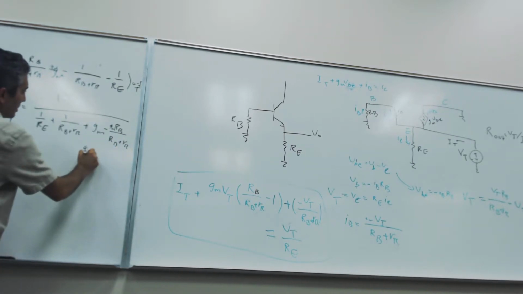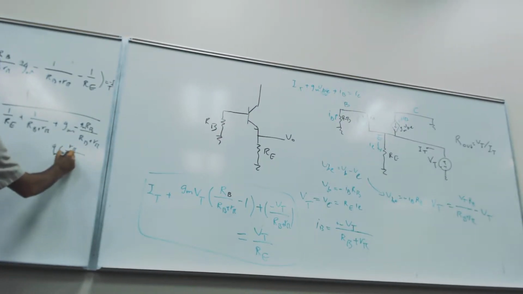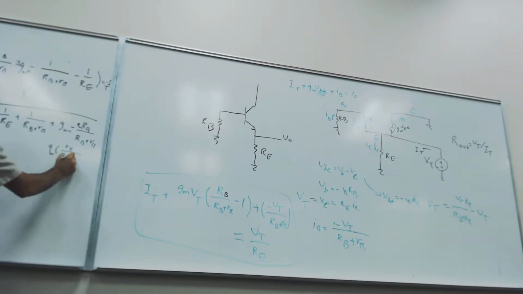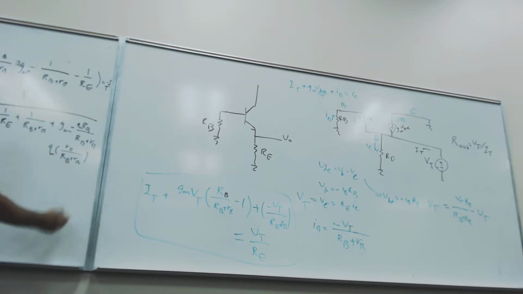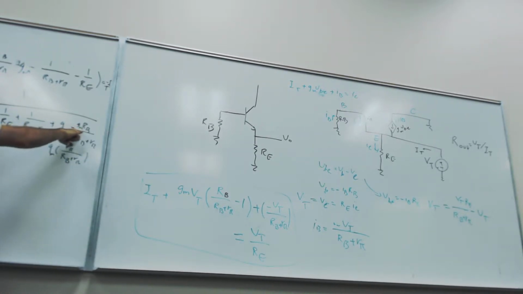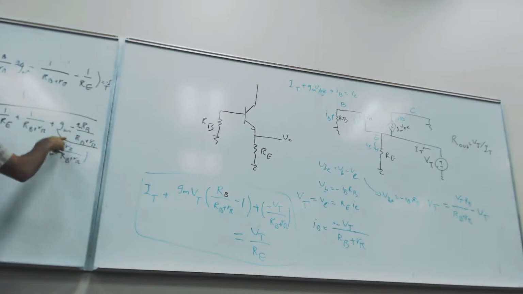So I take GM out of this, these two. So it would be RB plus R pi minus RB, which would be R pi over RB plus R pi.